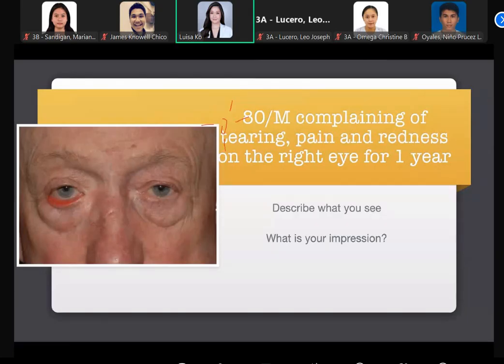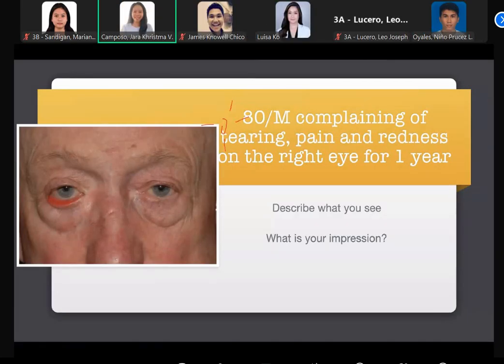I mentioned it already. Conjunctivitis, no? Not really, but I think the redness, the inflammation is because of exposure. Same with palpebral conjunctivitis.